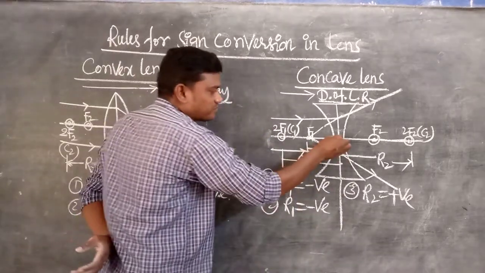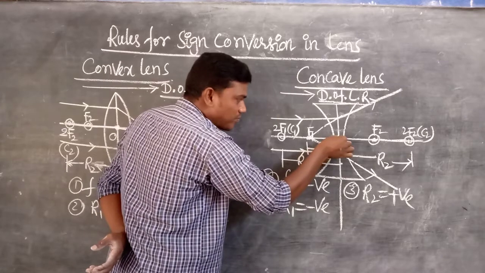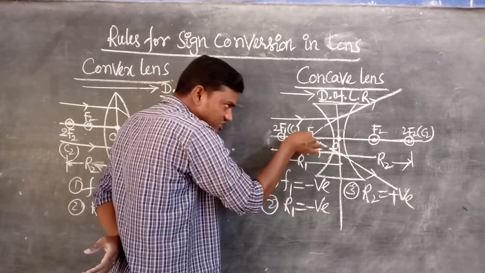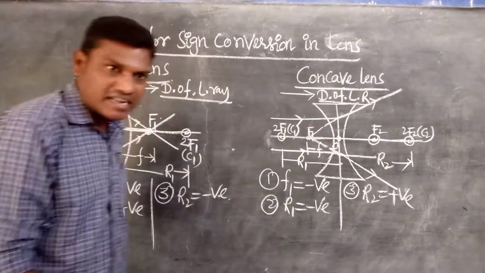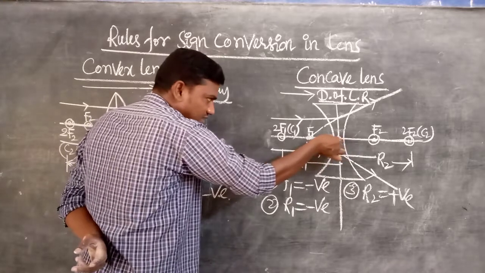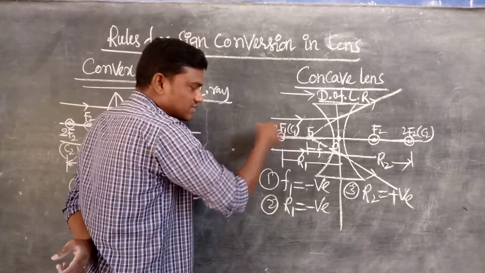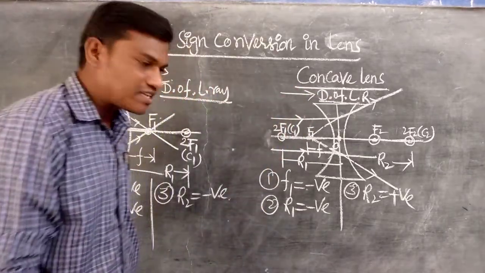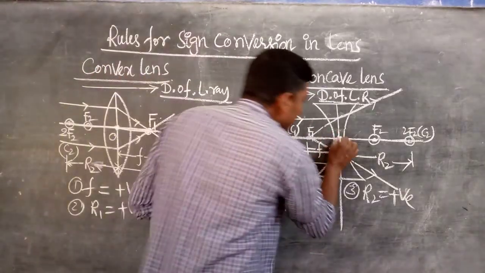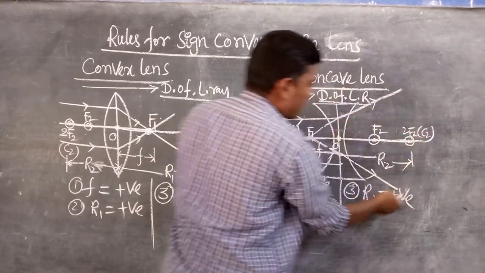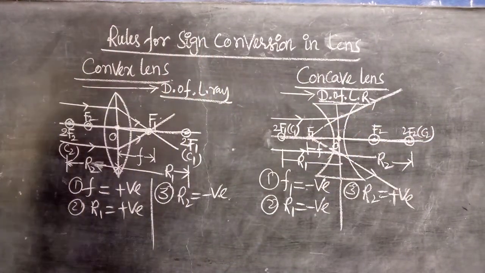The distance from the optic center to the principal focus here is measured opposite to the incident ray, so we take it as negative. In the same way, from the optic center to F1, the first center of curvature, is also opposite to the direction of the incident ray, so it is negative. But for the second radius of curvature, our measuring direction is the same as the direction of the ray, so it is positive.